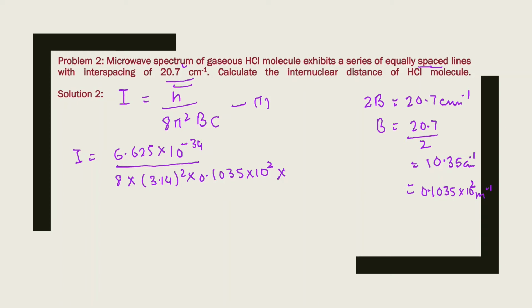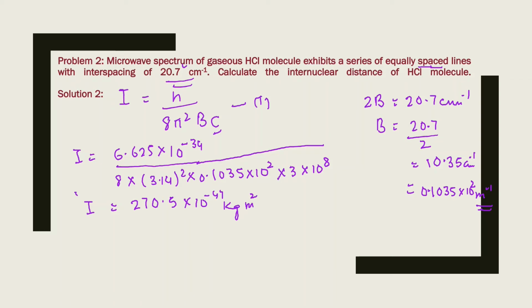Now since we have taken meter inverse over here, I don't need to change the unit of the speed of light, so it will remain as it is, 3 into 10 raised to the power of 8 meter per second. So let's calculate the value of I from here. It comes out to be 270.5 times 10 raised to the power of minus 47 kilogram meter square.